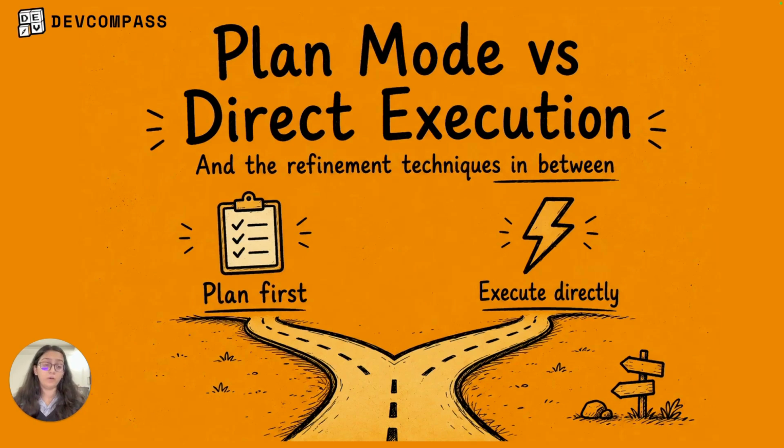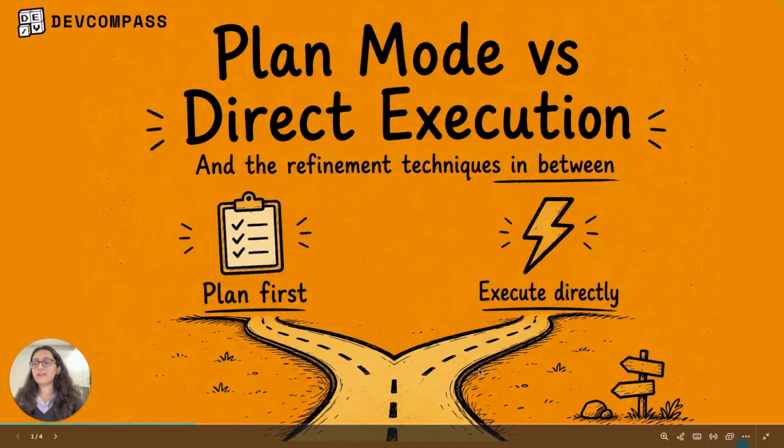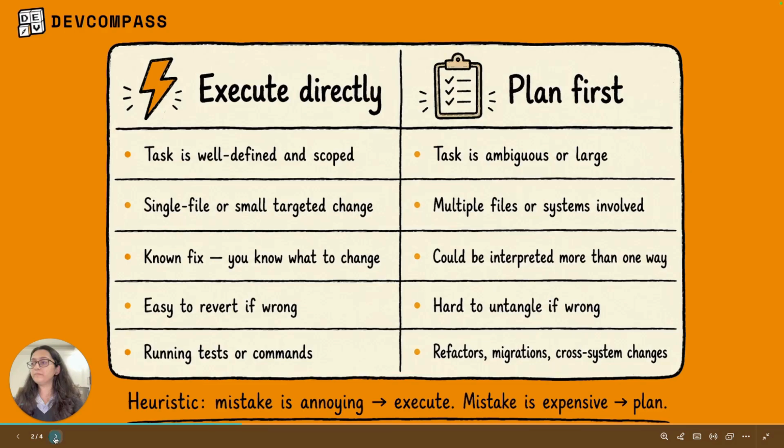Trust me, I know all of you can relate. So plan mode is Claude Code's mechanism for thinking before acting, producing a plan for your review before writing a single line of code. This video is going to be about when to use it and when not to, and 3 different techniques that sit between the first output and the final result. So let's see what we have in store.